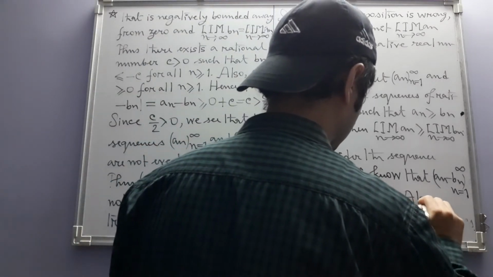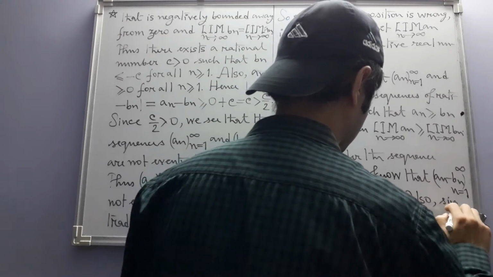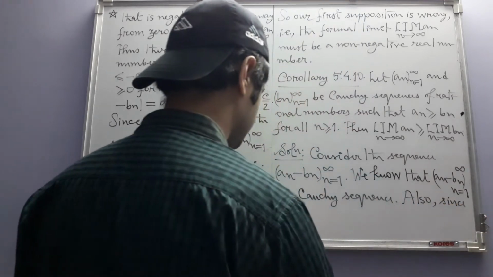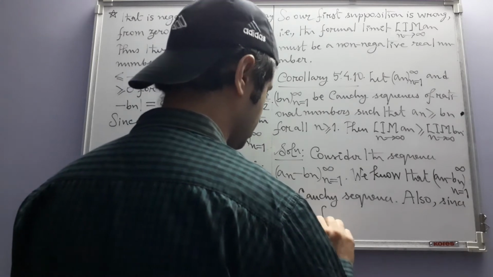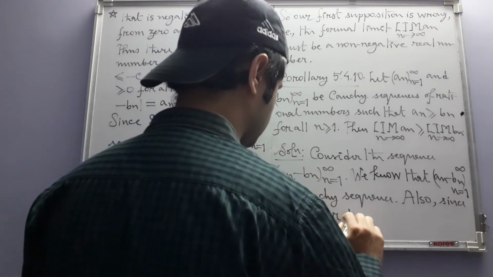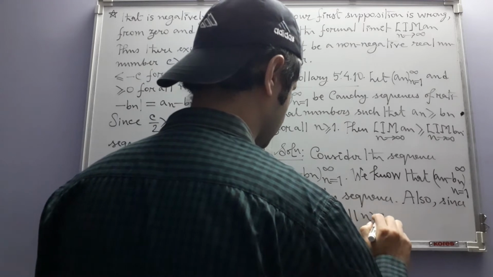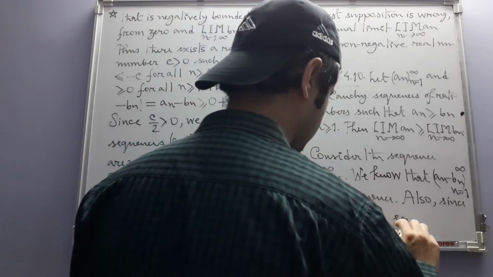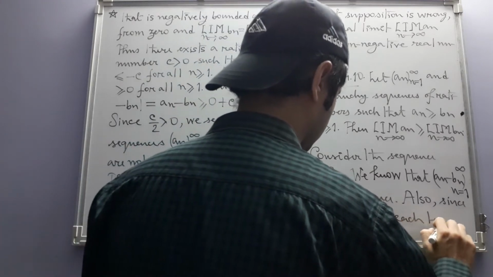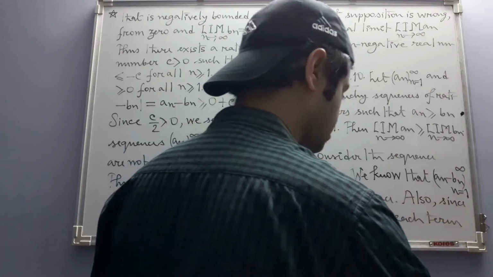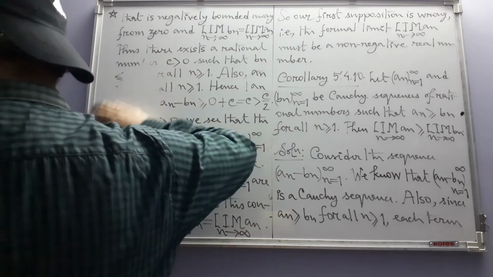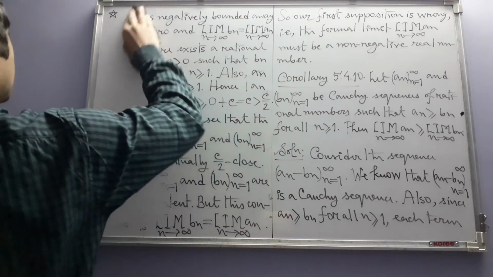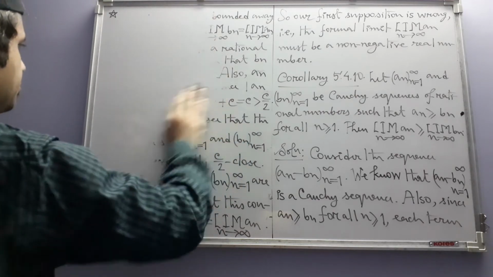Also, since an is greater than or equal to bn for all n greater than or equal to 1, each term of this difference sequence is a non-negative rational number.